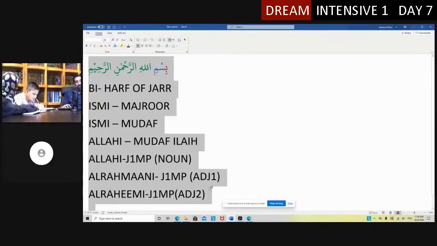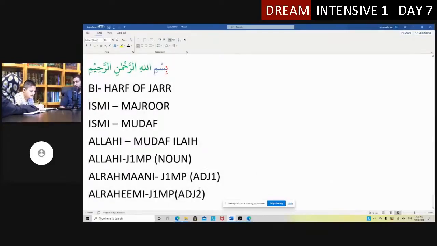You can have more than one adjective. Here we have only two. The first one is the noun. Allah is the one being described. How is he being described? With Ar-Rahmani and Ar-Rahimi.